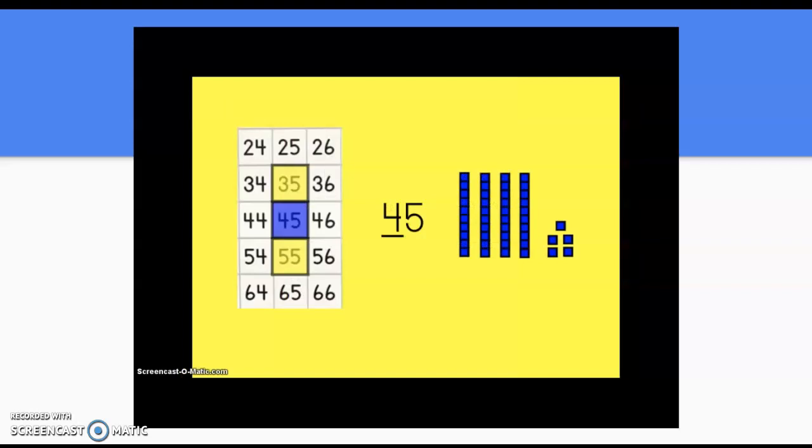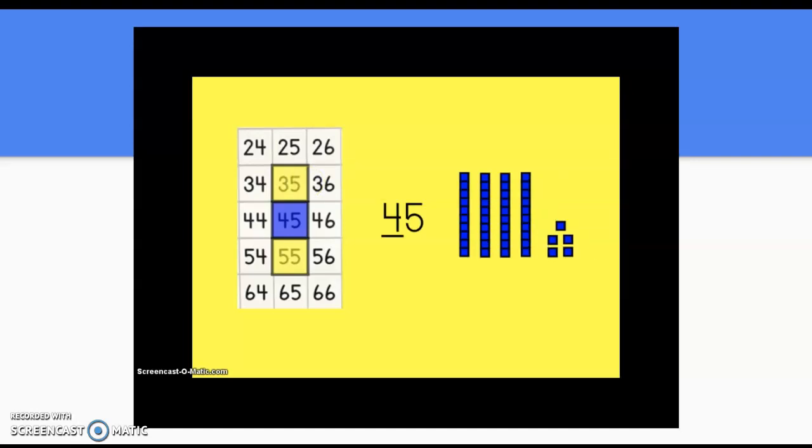Let's use tens and ones blocks to help us check our work. If you look at the number 45, 4 is in the tens place, meaning that there are 4 tens. So if I wanted to know what 10 less than 45 would be, I would take away a 10. Now that there's 3 tens, that would be 35, just like when I used the 100 chart and counted back and got 35.